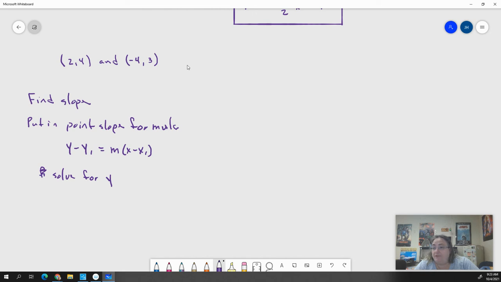Anybody else have any other slopes coming up? You guys are all on the right track with it, but it's the negative 1/6. A lot of you missed the negative on it.